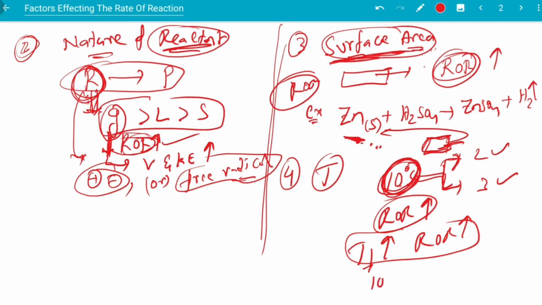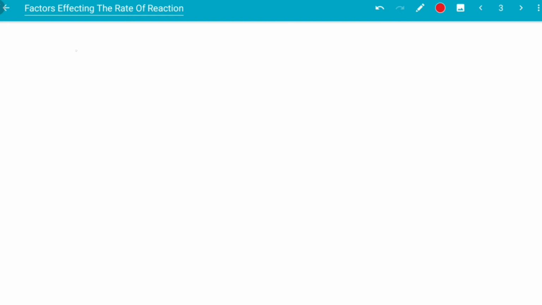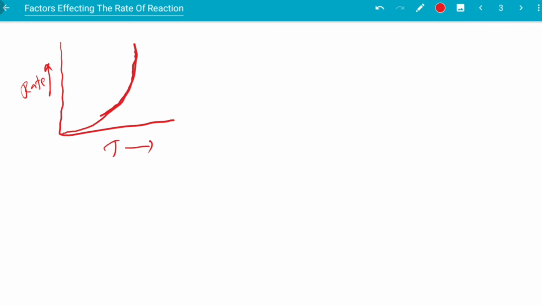Different temperature effects are observed in different types of reactions. Here, reaction rate is along the y-axis and temperature along the x-axis. In any chemical reaction, the curve will be like this.